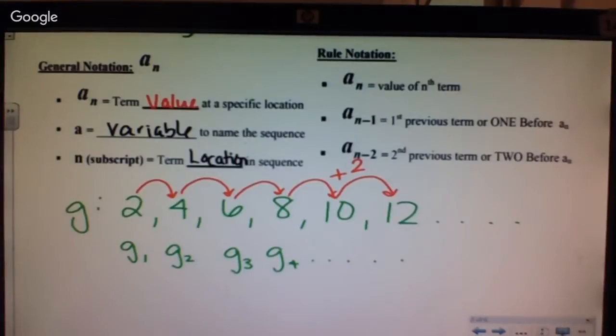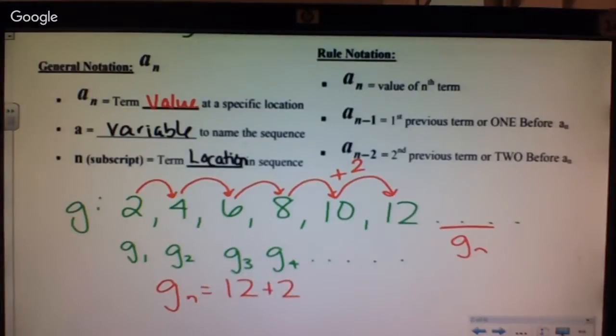So what I mean by that is if I'm trying to find the next term in the sequence, that would be G sub n. If I want to do that, G sub n would equal... I need to be able to write, this is supposed to be 12 plus 2, right?